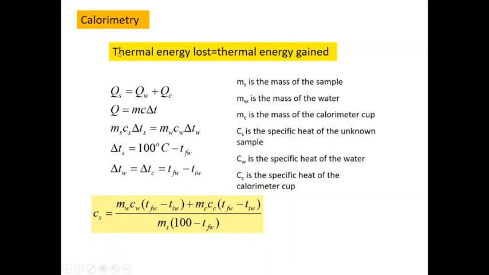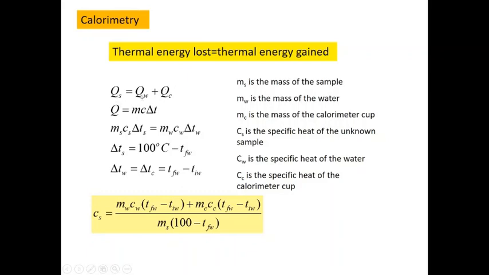And according to this heat balance equation, thermal energy lost, so the heat of the unknown sample Qs, so this is heat lost, equals heat gained by water plus heat gained by calorimeter.